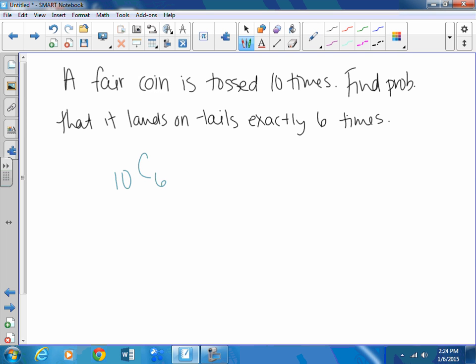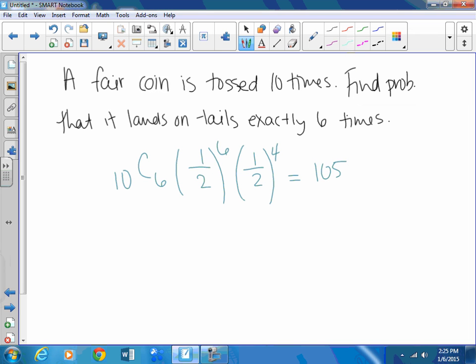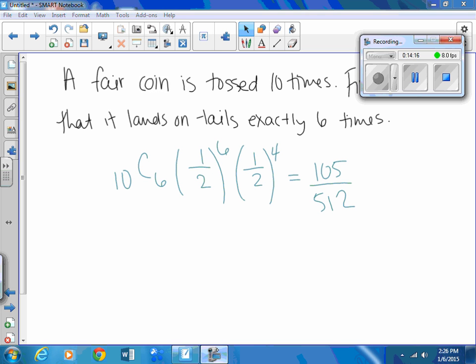And then for tails, the probability of tails is 1/2, and I want that to happen 6 times. But then I need the probability of the other thing happening. Well, the other thing happening is heads, and that's also a 1/2. And that needs to happen the remaining number of times. So go ahead, punch that in your calculator, and you're going to get 105/512. That's it. We'll do more problems in class.